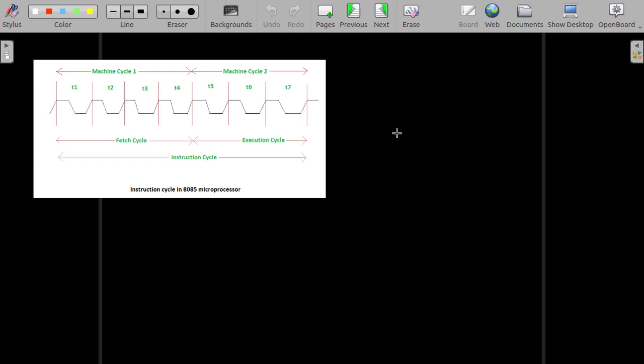So machine cycle is basically the time duration. Let's write it down. It is the time duration taken to complete one of the following.